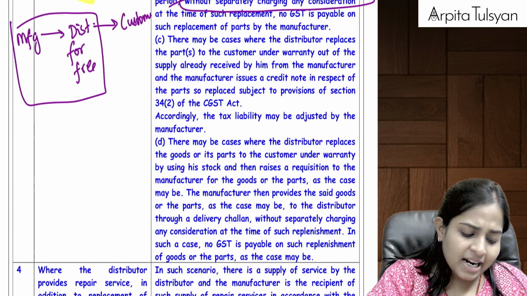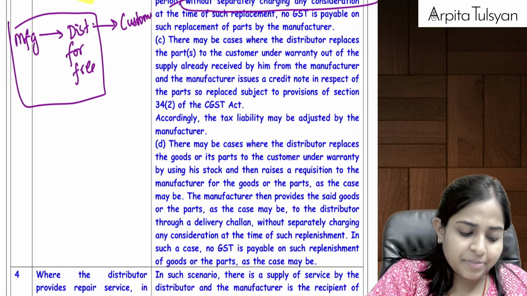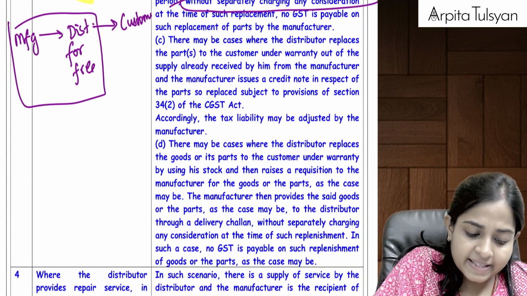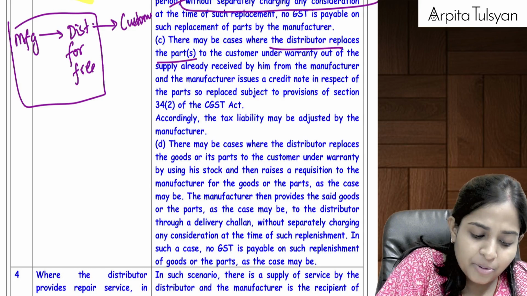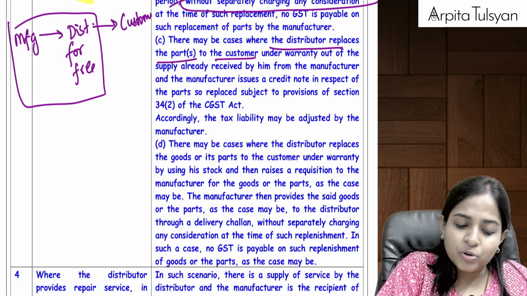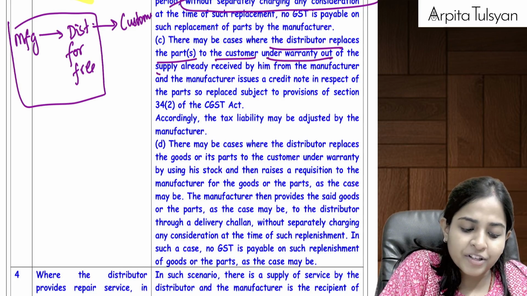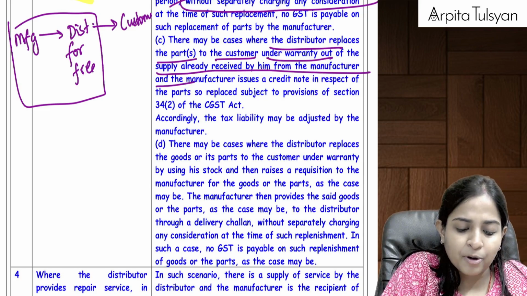Then after that, similarly, another circumstance. Now, there may be cases where the distributor replaces the part to the customer under warranty out of the supply already received by him from the manufacturer.